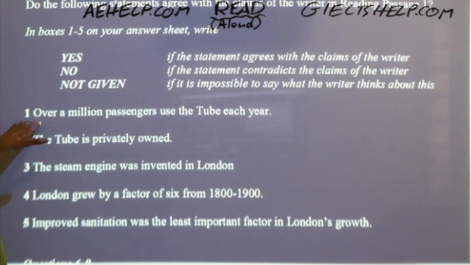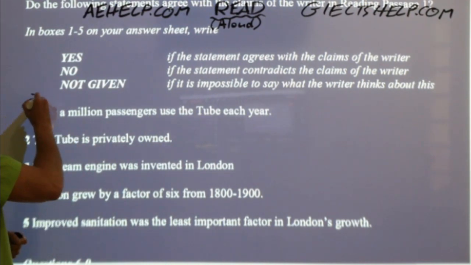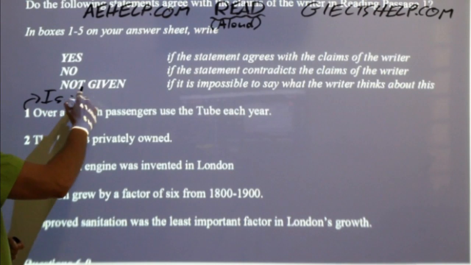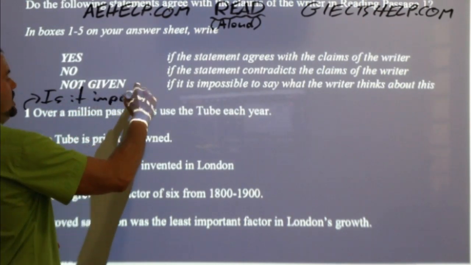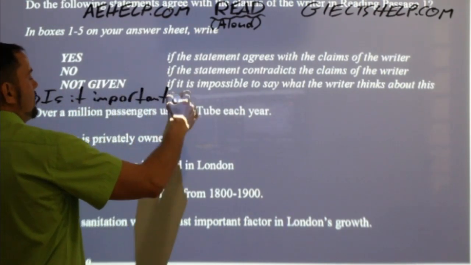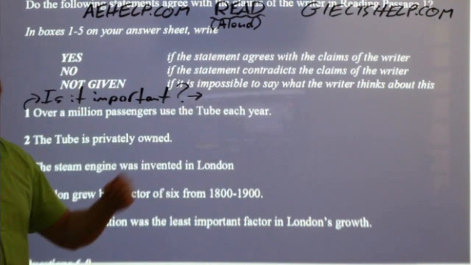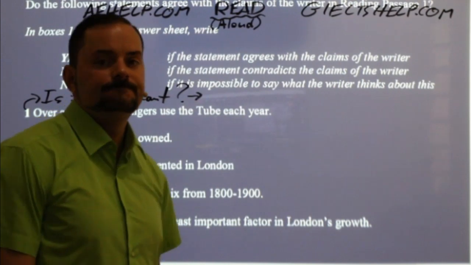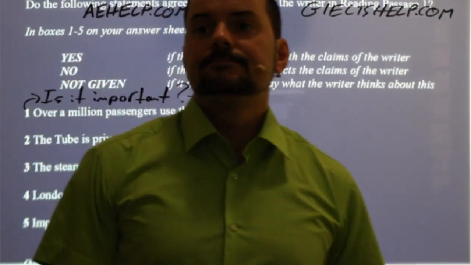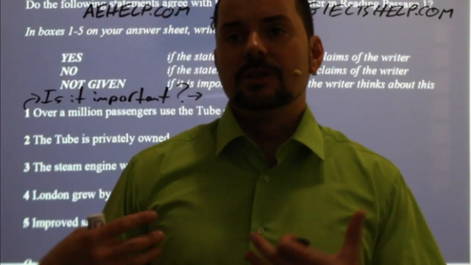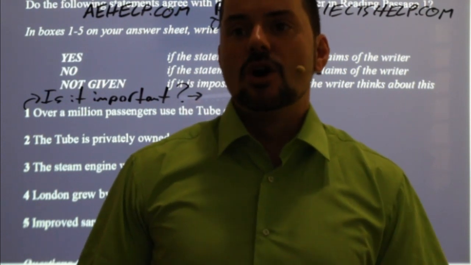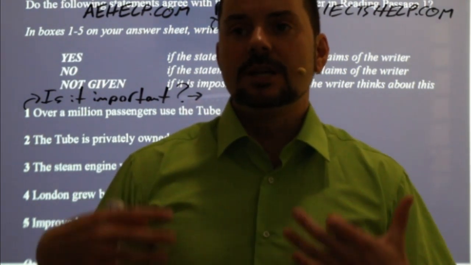So, first question, is it important? Is it important to know how many people use the tube each year? Is it an important question for the London Underground to know how many people use it each year?